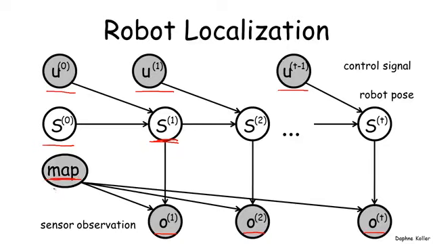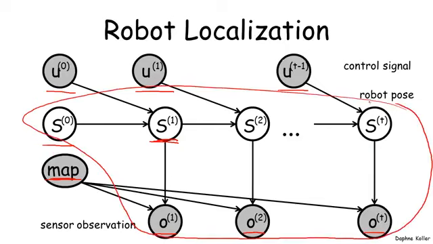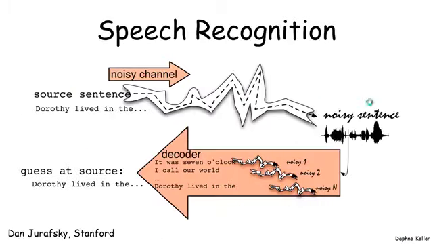Now, since in many of the applications that we'll be considering the map is observed, which is why I just grayed it out, you can effectively think of the basic structure over which we're reasoning as just the set of variables that represent the S's and the O's, which is why this is really a slight elaboration of a standard HMM model. And here also we're going to have sparsity in the transition model because the robot can't jump around from one state to the other within a single step, and so there's only going to be a limited set of positions at time t+1 given where the robot is at time t.